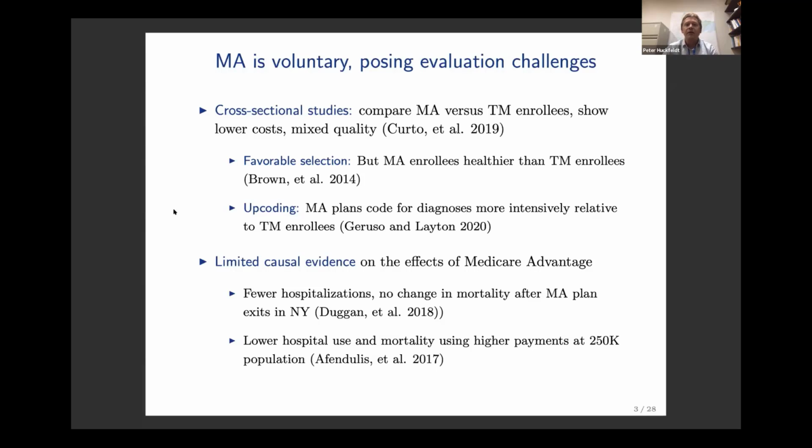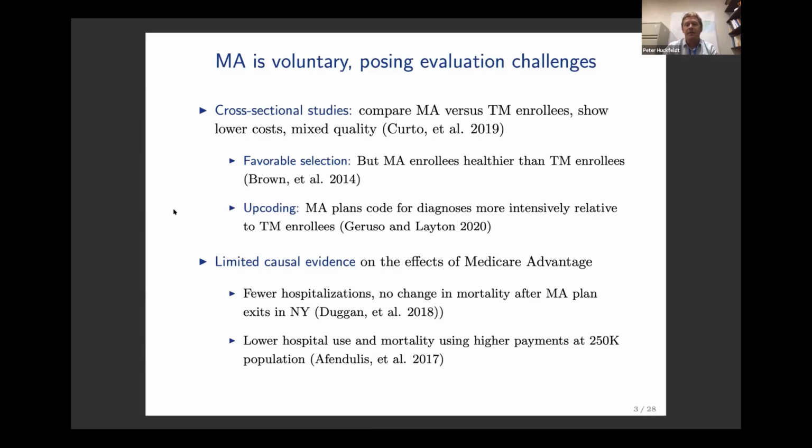Generally, there's fairly limited causal evidence on the effects of Medicare Advantage. There are a couple of more quasi-experimental papers. One from 2019 looks at the exit of the only MA plan in some counties in New York and finds that there are fewer hospitalizations under Medicare Advantage, but no higher mortality.